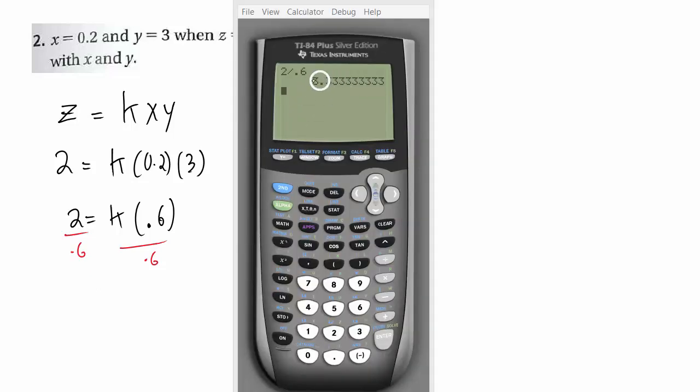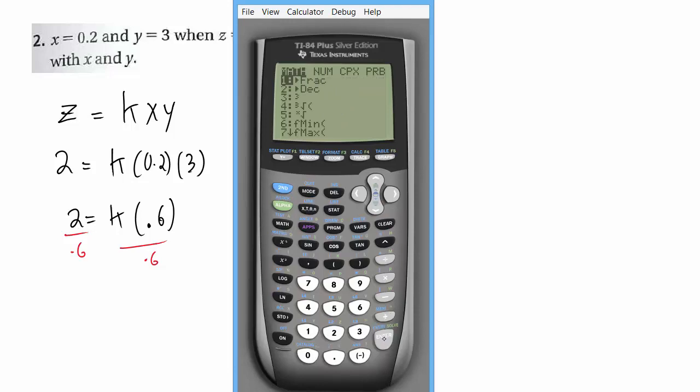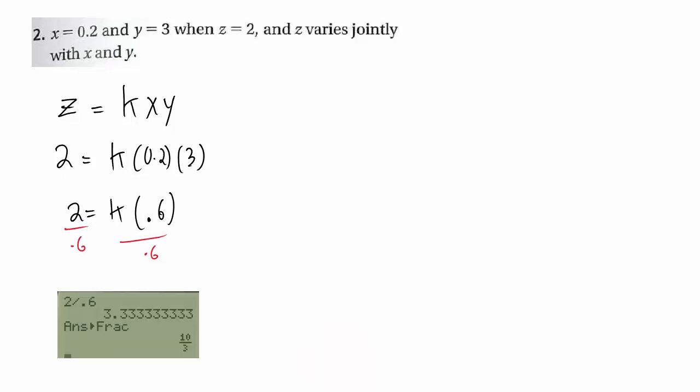And k is equal to 3.3 repeating, but just because I don't like repeating decimals, there's nothing wrong with it if you put the repeating decimal, but I want to be exact, so I'm going to use an improper fraction. So you can write it as z equals, the value of k is 10/3 times, and it varies with x and y.